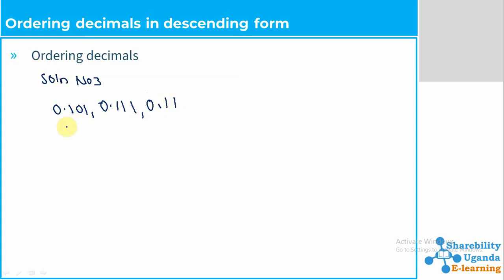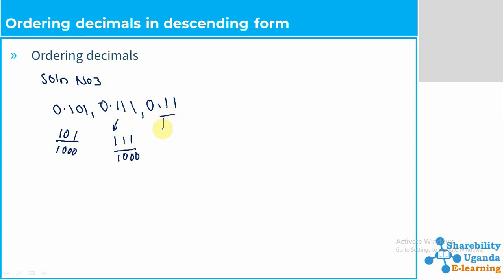Okay, so now let's try one by one. Remember we said this number of ours is going to be 101 out of 1,000. Then also this one is also going to be 111 out of 1,000.